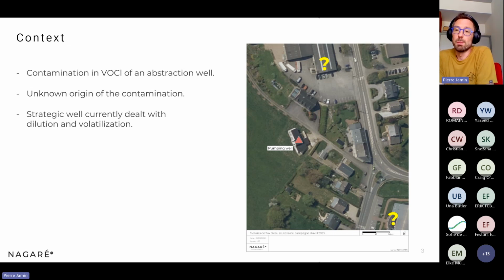The abstraction well is very important for the water producers. They are still using the water from that well because they can mix this water with water from other wells to decrease the chlorinated solvent concentration below the prescribed threshold value, and also because before the water goes through the drinking water network, it has to go through a small treatment, and during this treatment the majority of the chlorinated solvent is volatilized.